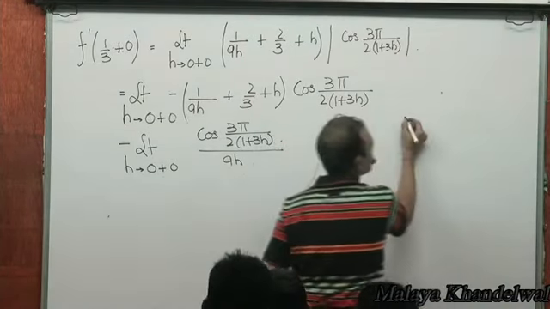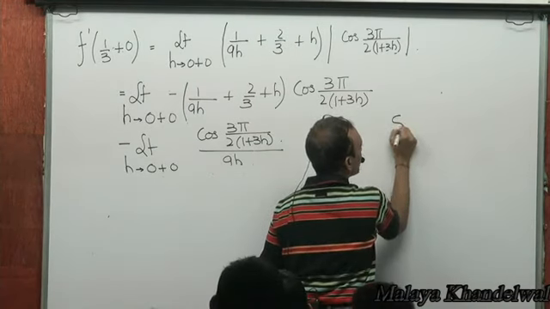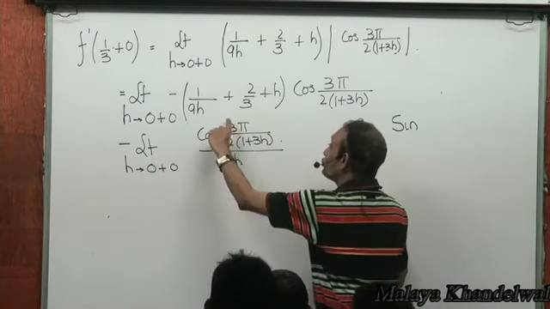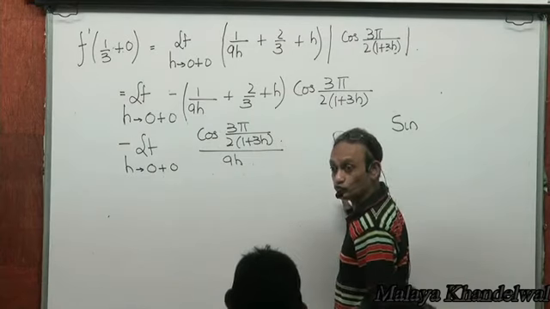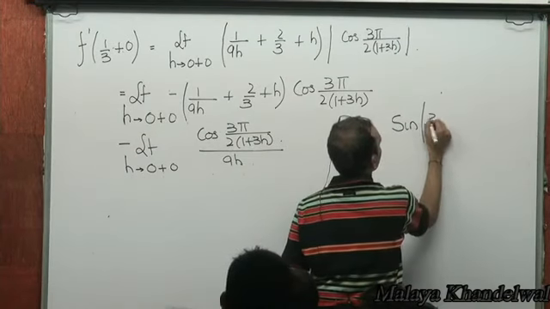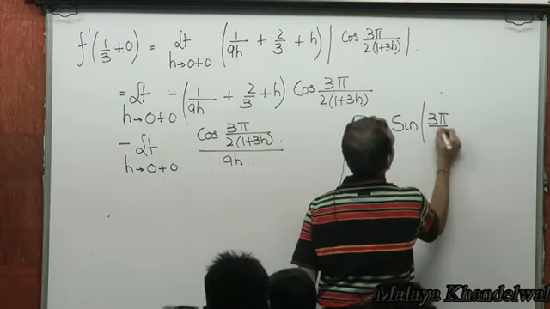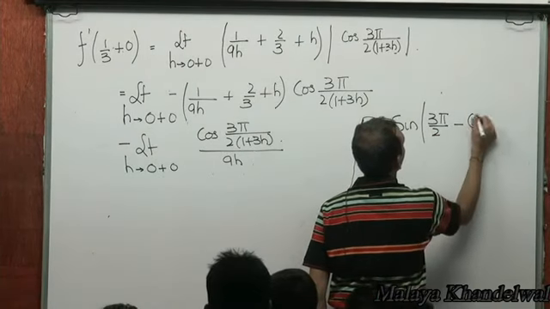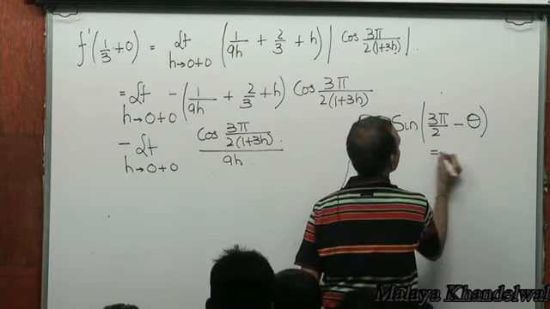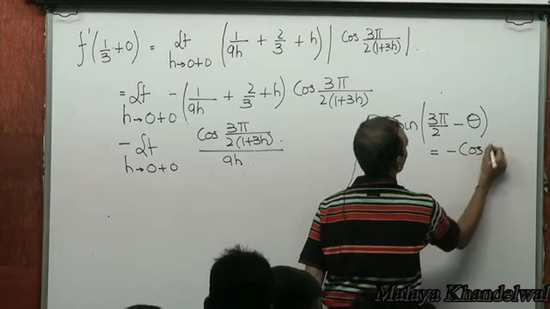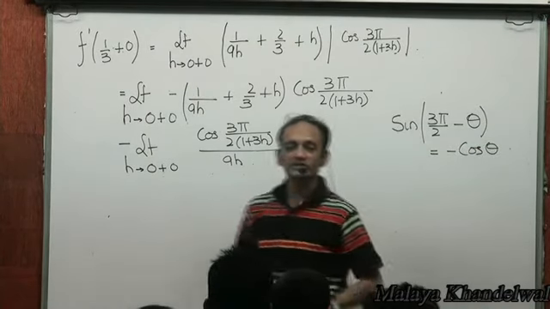Now, realize that sine, and I want to do it in terms of 3 pi by 2. Do you realize that sine of 3 pi by 2 minus theta is minus cos theta?